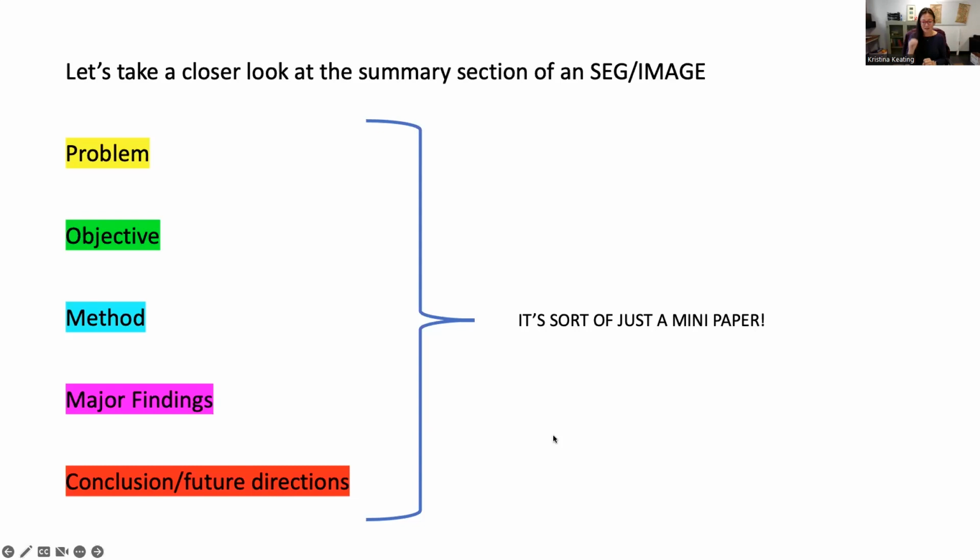So if you can create a compelling summary for your extended abstract, you're going to get people more interested in your research, and you're going to get more people reading your paper, which also leads to more citations. So that's all great. Writing an effective summary section, writing an effective abstract is really important.